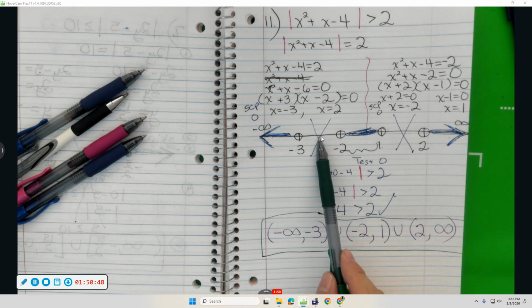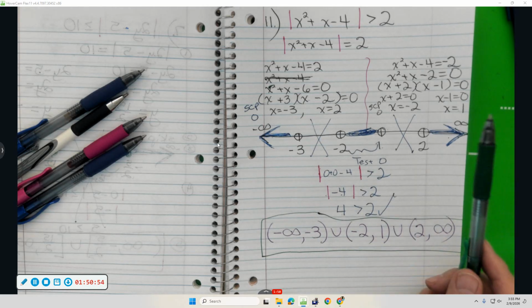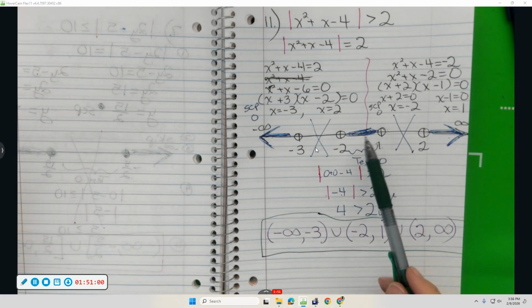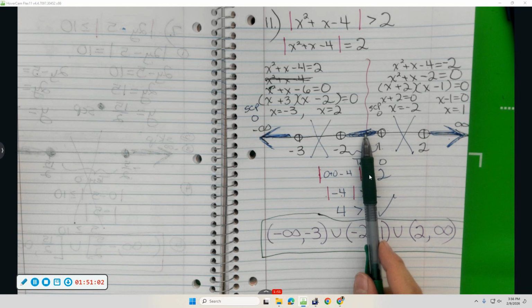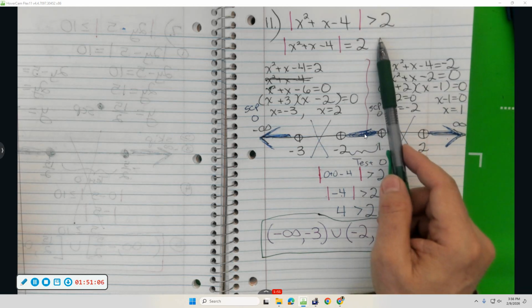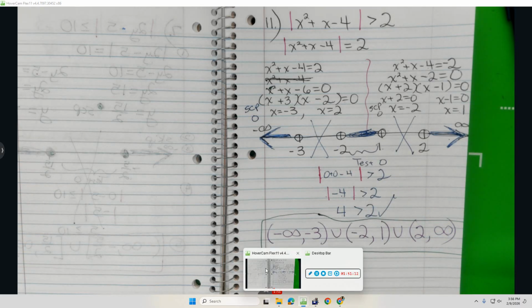Instead of crossing this one out, what would we do? Shade. And so the cut point method works. It doesn't matter whether it's a less than or a greater than. The only difference is the number. When you're testing, if it says greater than and it's true, when it said less than, it would be false. But the cut point method solves it, whether it's a less than or a greater than.